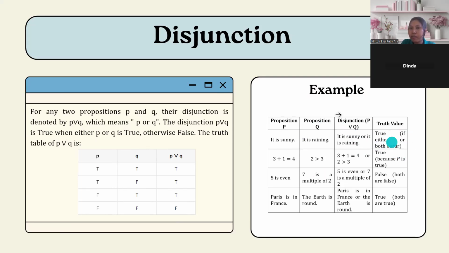Okay, so this example too, P is 5 is even, and Q is 7 is a multiple of 2. P or Q: 5 is even or 7 is a multiple of 2. This is false because both are false. Okay.